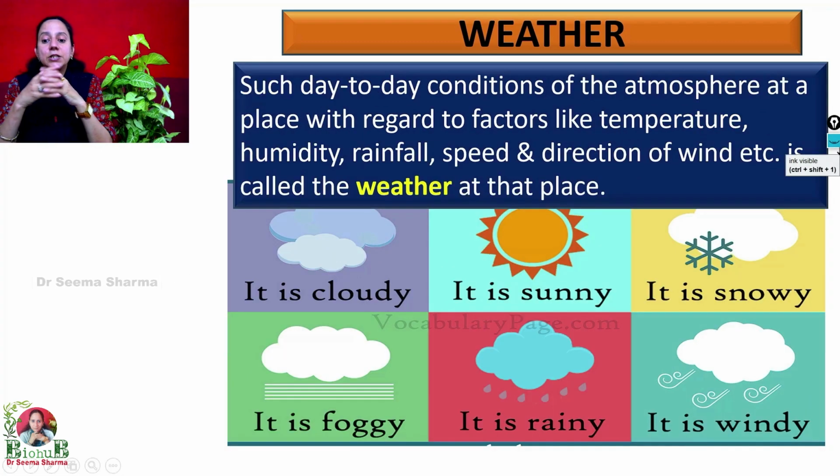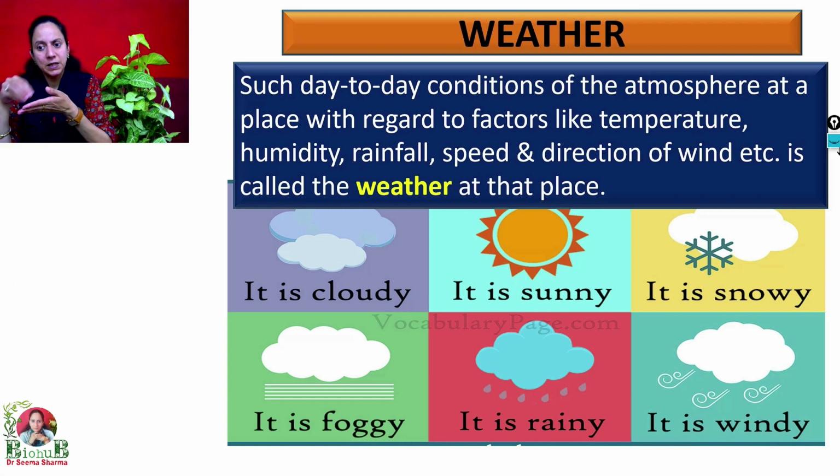Such day-to-day conditions at a particular area with respect to temperature, humidity, rainfall, speed and direction of wind are called the weather of that place.